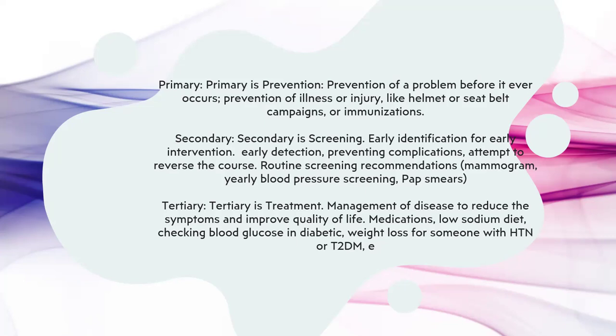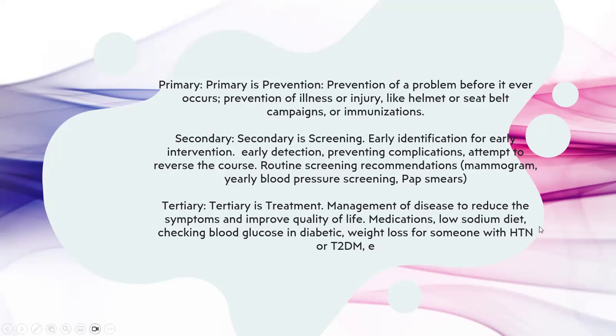Routine screening recommendations, like these mammograms. We're looking to see if there are any abnormalities in that breast tissue. Those blood pressure screenings and pap smears. Now, what if in this mammogram here, there was a breast abnormality found, whether or not it's breast cancer or some other breast abnormality.